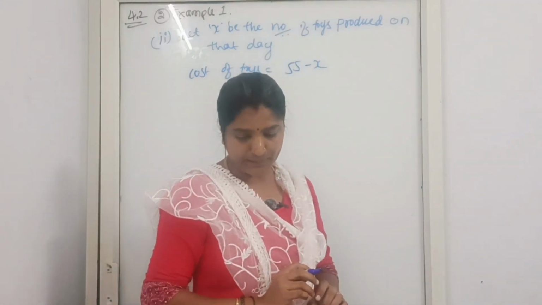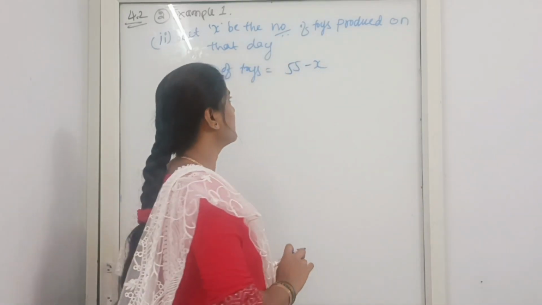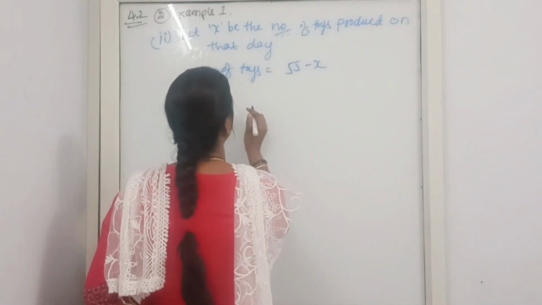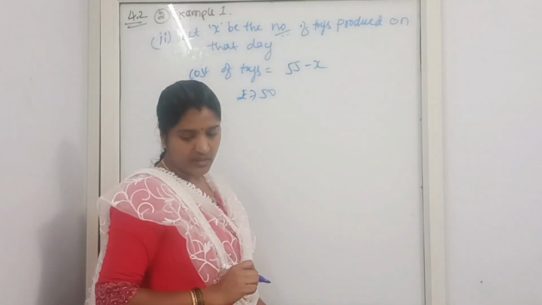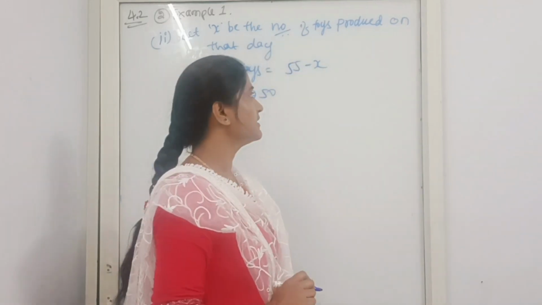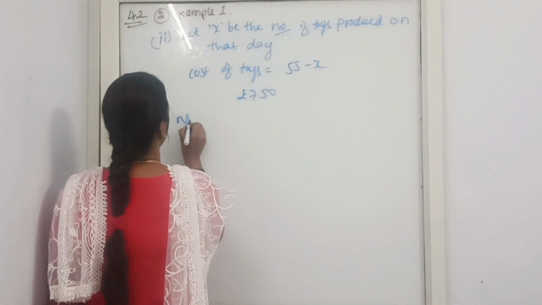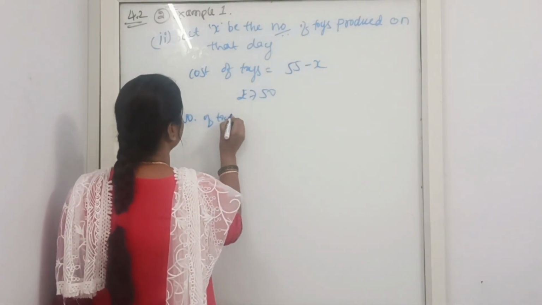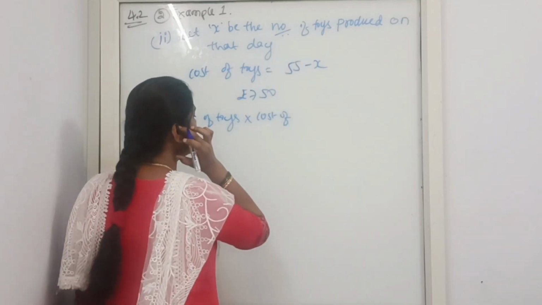Clear? Then on a particular day, the total cost of the production, how much it will become? They said rupees 750. And we would like to find out the number of the ties. See, total cost, how will you get the total cost? Number of ties into cost of each tie, is it not?